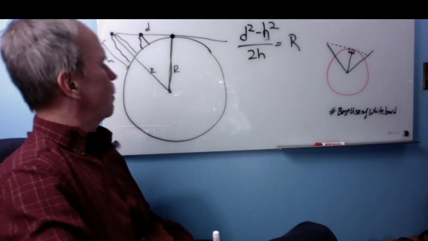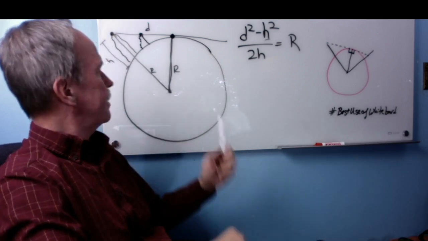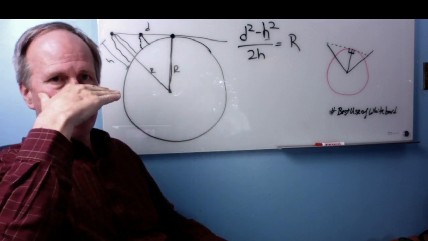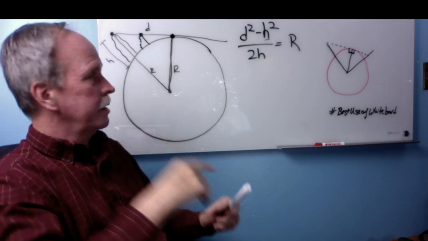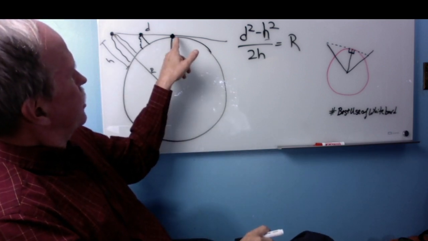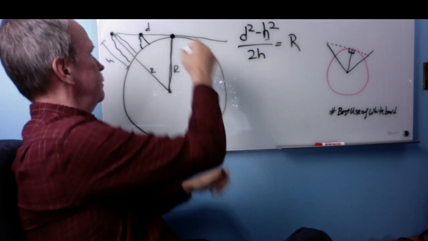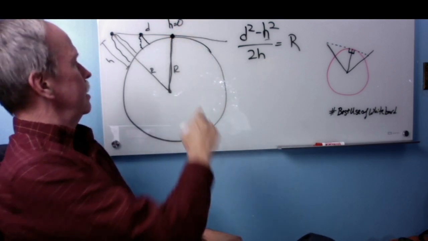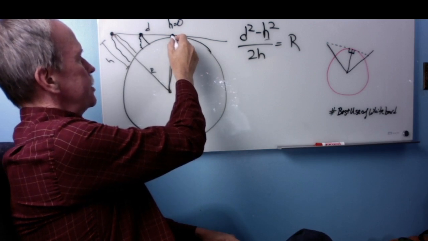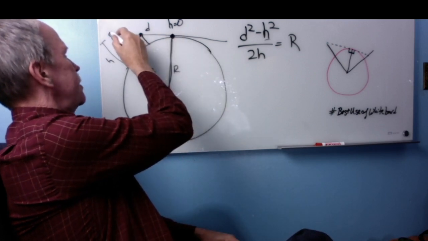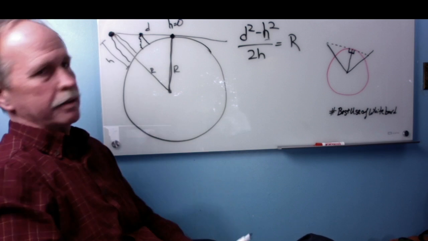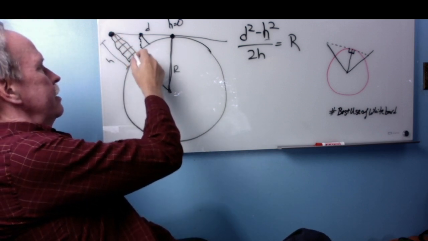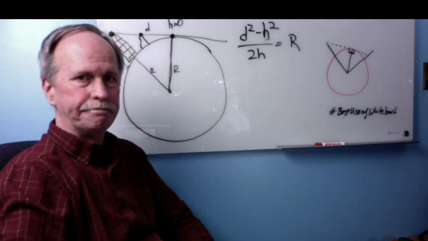So, what I thought of was, what if I'm sitting right here and just my eyes are above the ground? My elevation will be 0. Even at a height of 0 right here, I can still see this spot on the mountain. I can't see any of that part of the mountain, but I can see the top of it.